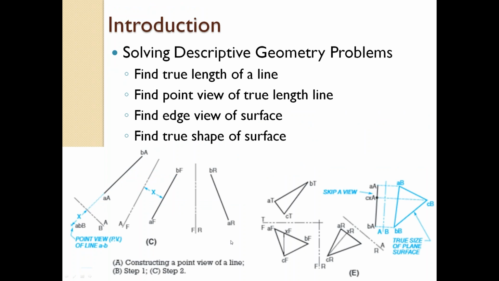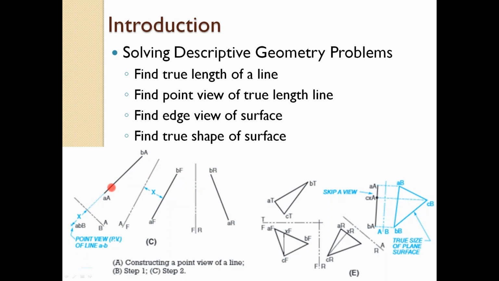Solving a descriptive geometry problem, you're going to have to find the true length of the line. As you can see, when you have the right side view and the front view, this auxiliary view would be your true length of the line.